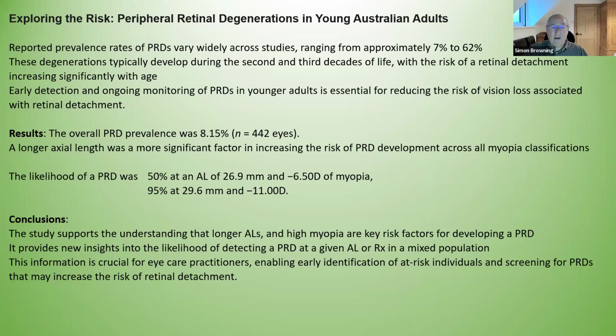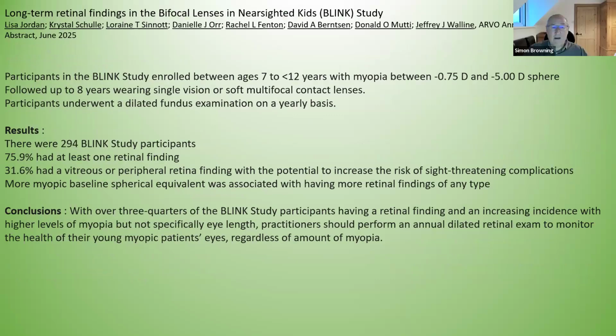This was a paper put out in June last year at the ARVO conference, and this is an ongoing study here. And again, you can see 76% of patients within the study had at least one retinal finding. 32% had a vitreous or peripheral retinal finding with the potential to increase the risk of sight-threatening complications.